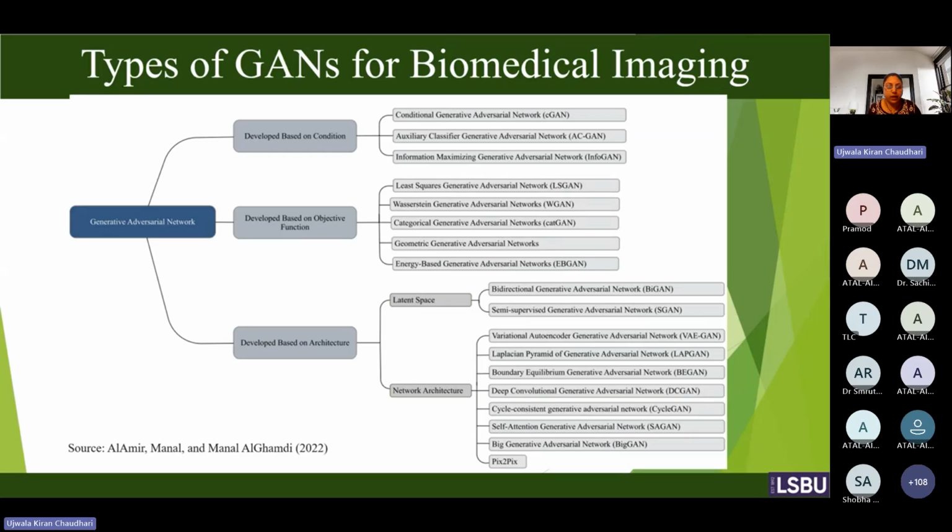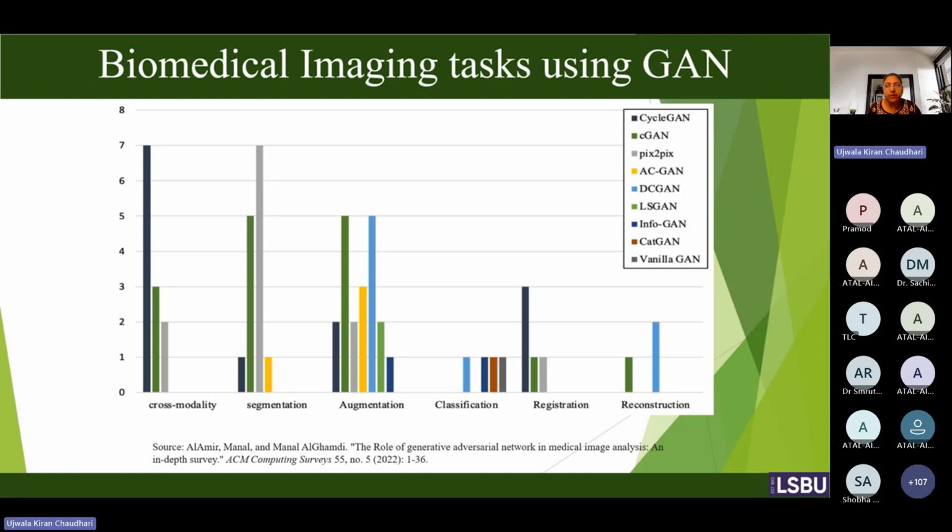So different kinds of GAN models are being used in biomedical imaging, and these models are used for several different tasks.